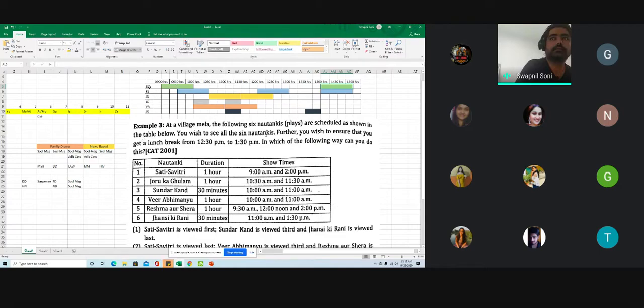So SS is for Sati Savitri, RS is for Reshma or Shira, JG is for Juba Gulam, SK is for Sundarkant, VA is for Veer Abhimanyu, and JR is for Jhansi Ki Rani. We know that Juba Gulam runs for 1 hour, Sundarkant runs for 30 minutes, Veer Abhimanyu runs for 1 hour, Reshma and Shira for 1 hour, Jhansi Ki Rani for 30 minutes.